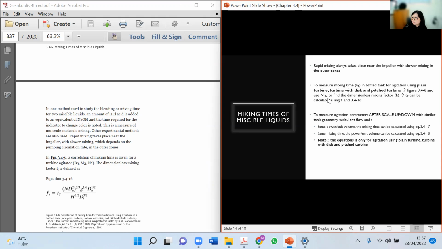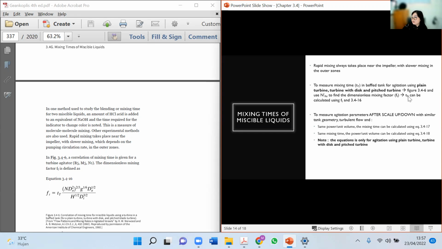These two can be used to find the fT, or the dimensionless mixing factor. By knowing the dimensionless mixing factor, we can find the mixing time that is sufficient to mix all the liquids inside a vessel.